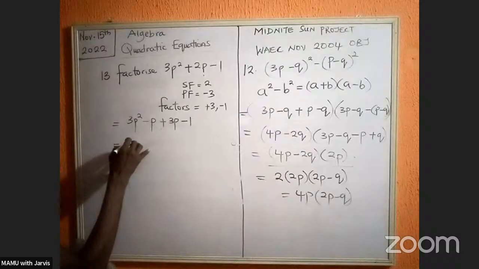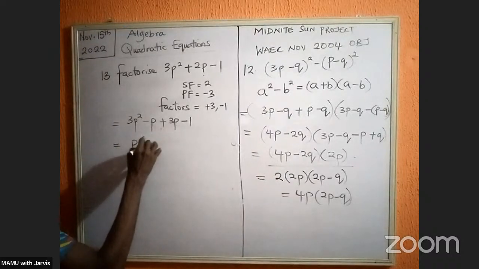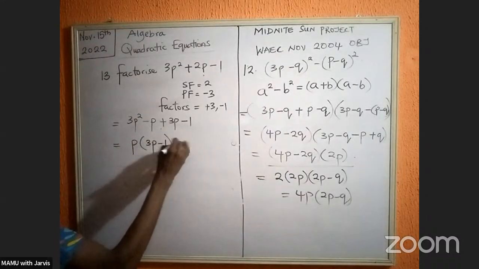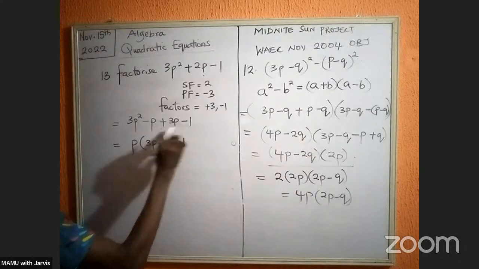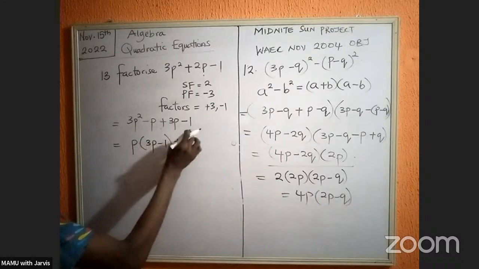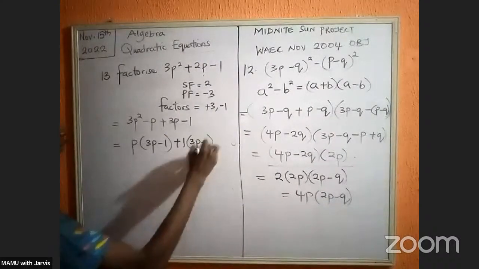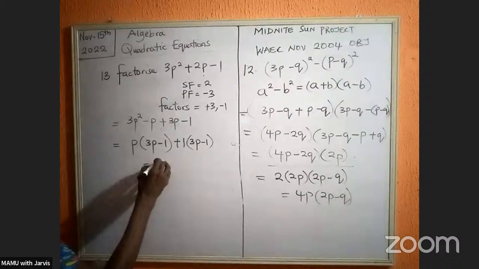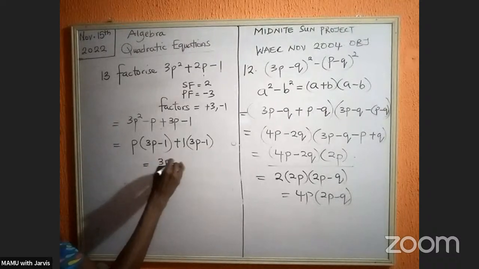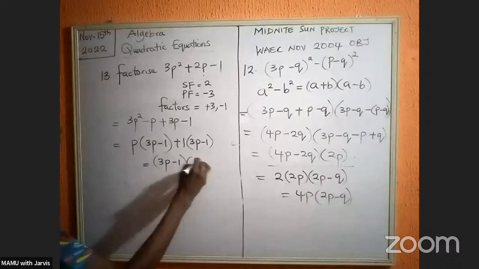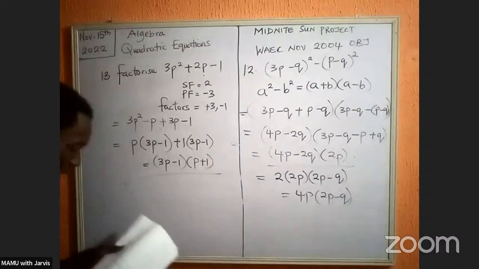So this will give me p into 3p minus 1 plus 1. Whenever the numbers are the same and you can't factor anything out, 1 is a factor you can factor out. And this will give me 3p minus 1 into p plus 1. And that solves that problem.